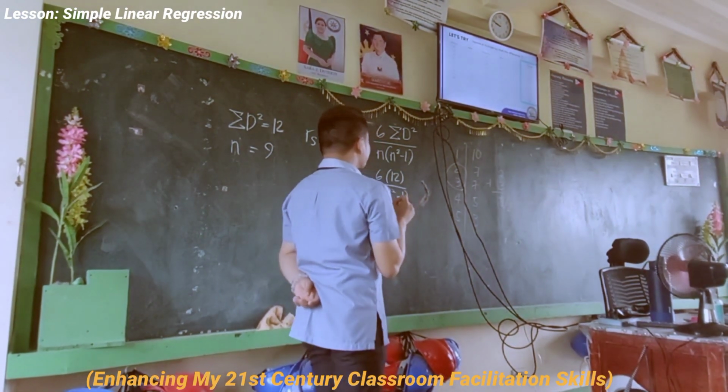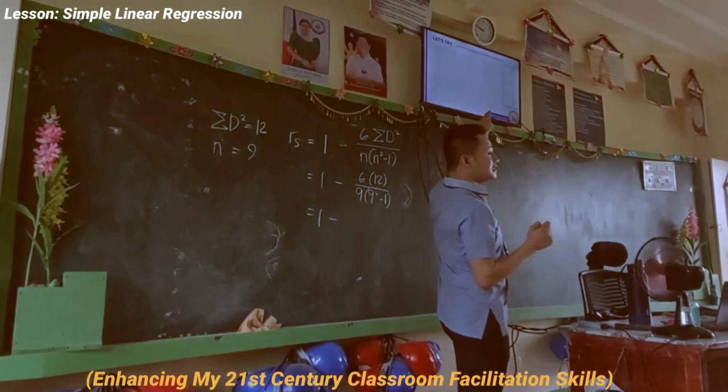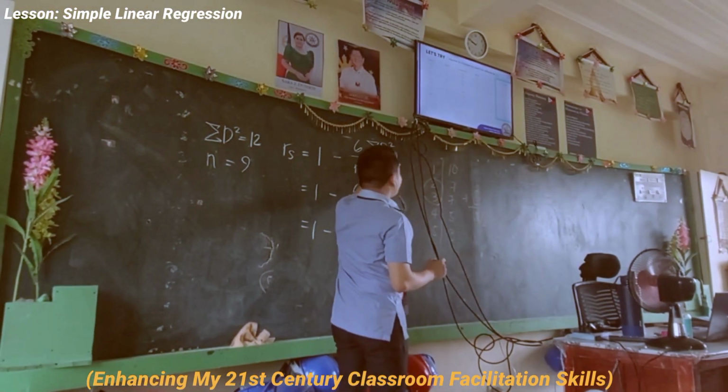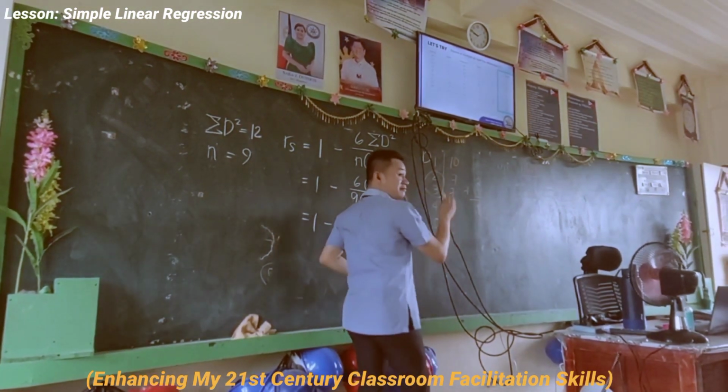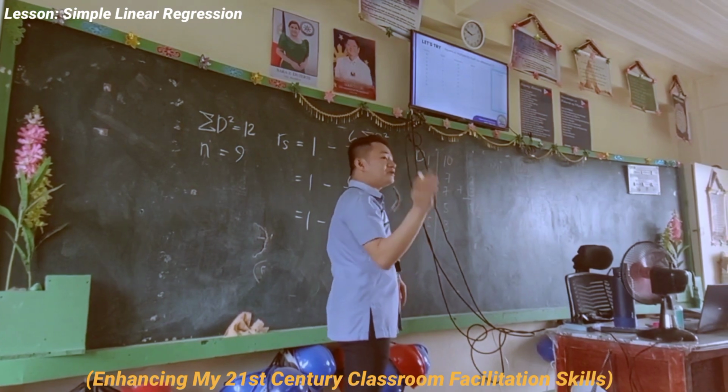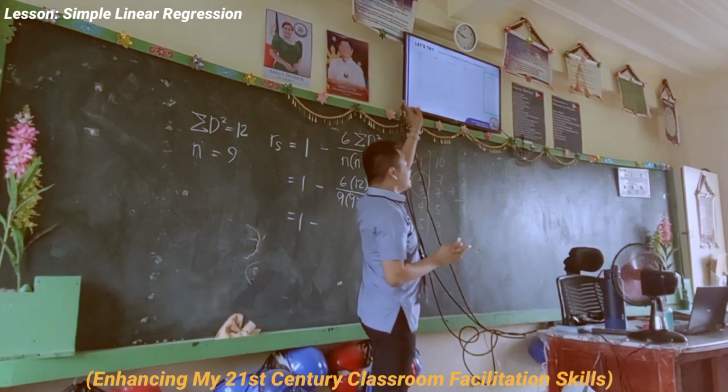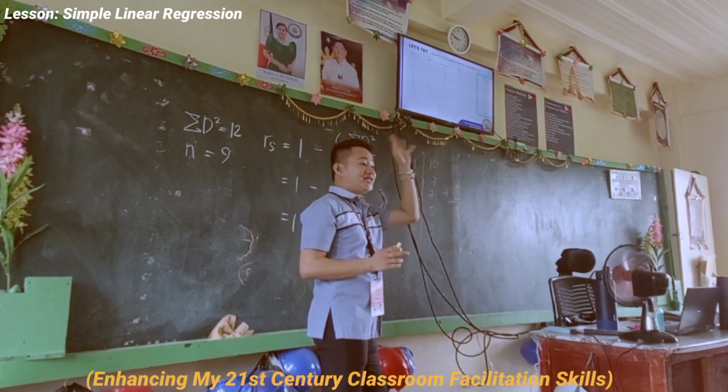In the formula, we already have d squared. If you can remember, we have the differences earlier. After we subtracted, we multiplied d by itself, or we squared the d.